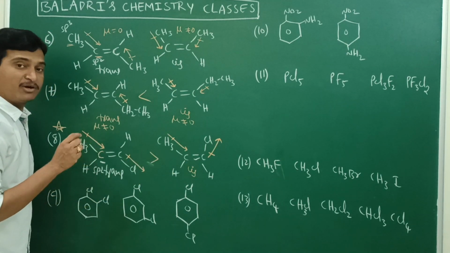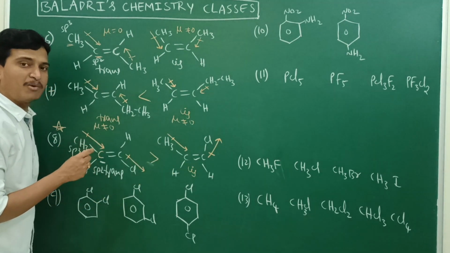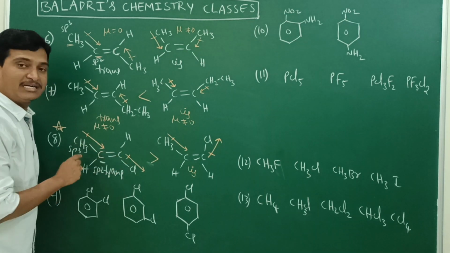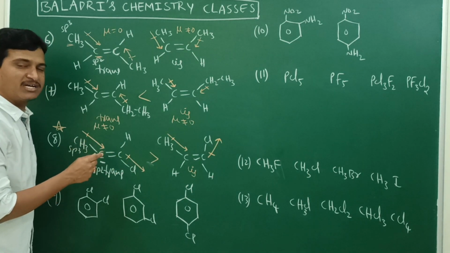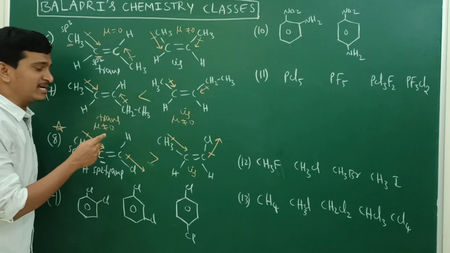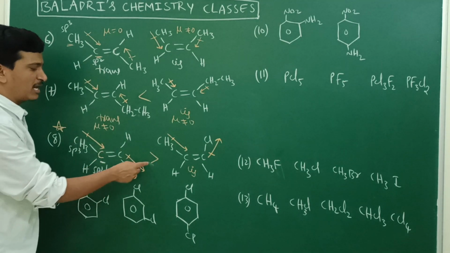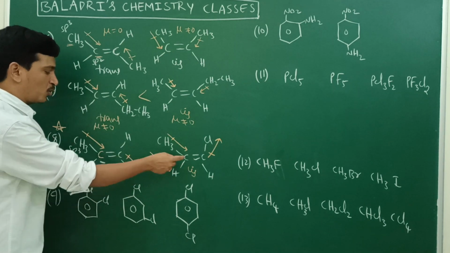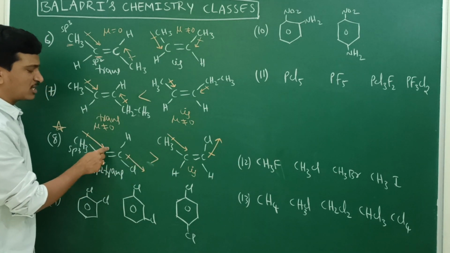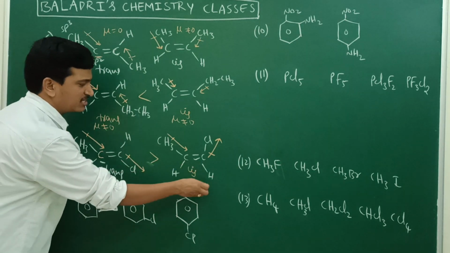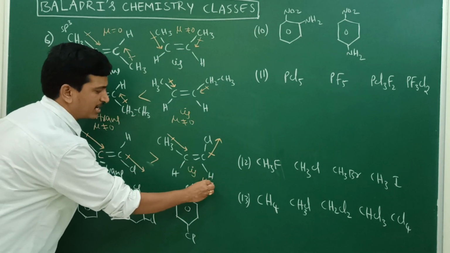So whenever you are deciding the polarity of a molecule, you need to go to the dipole moment vector, because a vector quantity depends on both magnitude and direction. Now you can see this example. Trans 1-chloropropene is having more dipole moment than cis. Here both are polar. For the trans compound the dipole moment is not equal to 0, and for the cis compound also the dipole moment is not equal to 0.